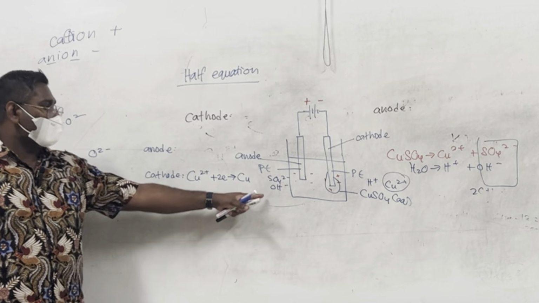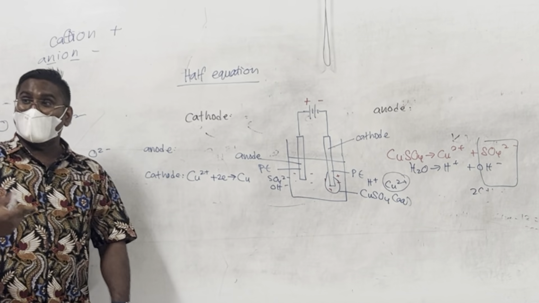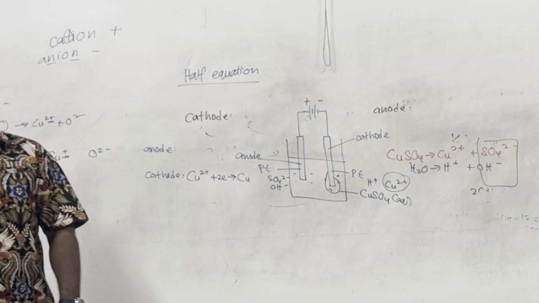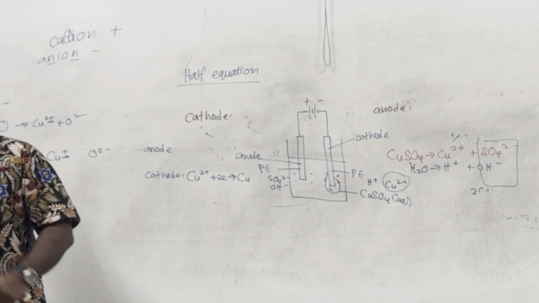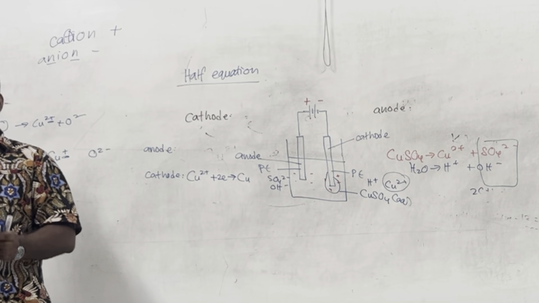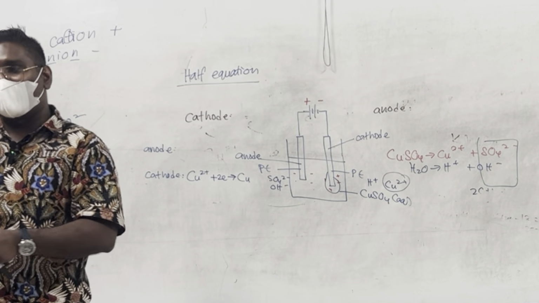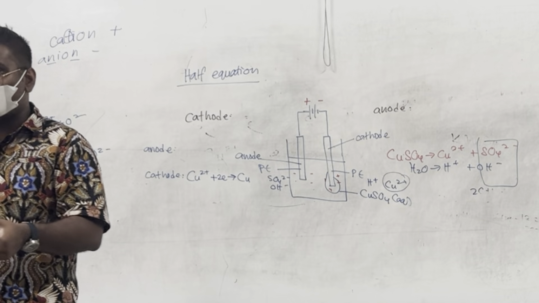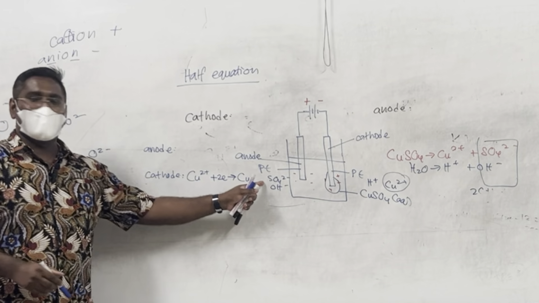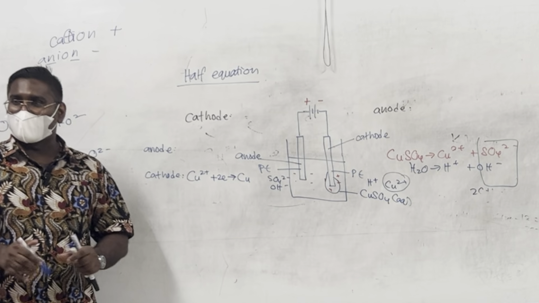Now, what is another here? This one, you need to go and revise your IGCSE again. Sulfate, for now I will give you the easiest answer, but later when we go to JC2, you will understand better. Sulfate is not going to be selected.